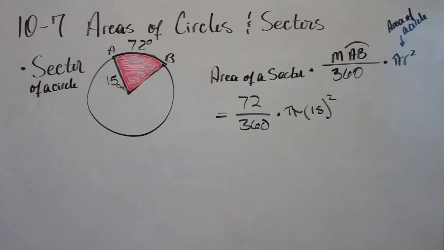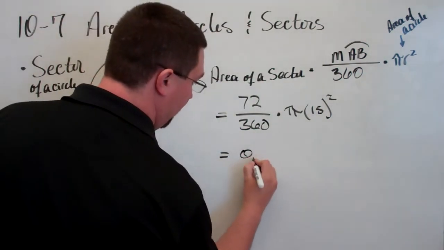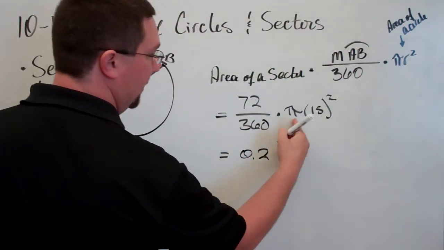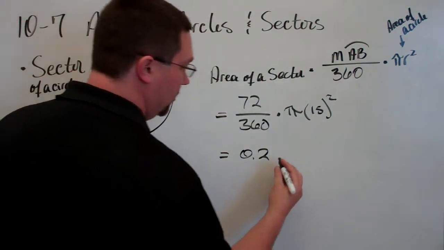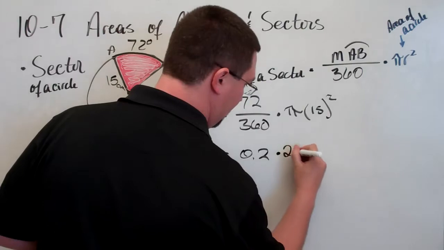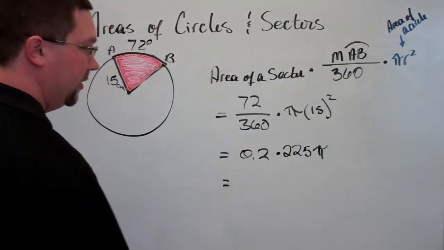So 72 divided by 360 is 0.2 times pi r squared. 15 squared is 225, so this is going to be times 225 pi. Now, we're going to leave our answer in terms of pi.